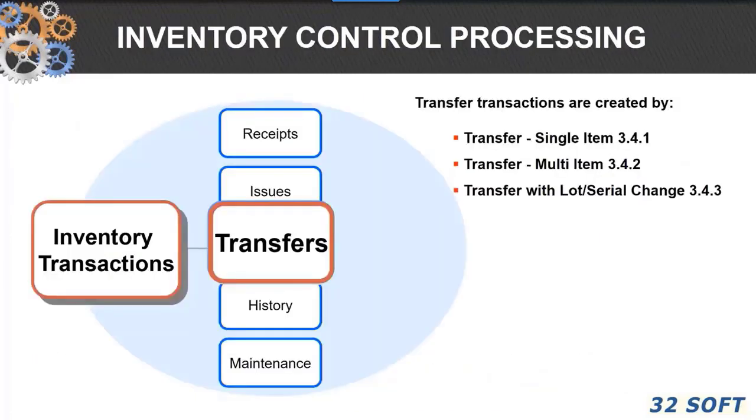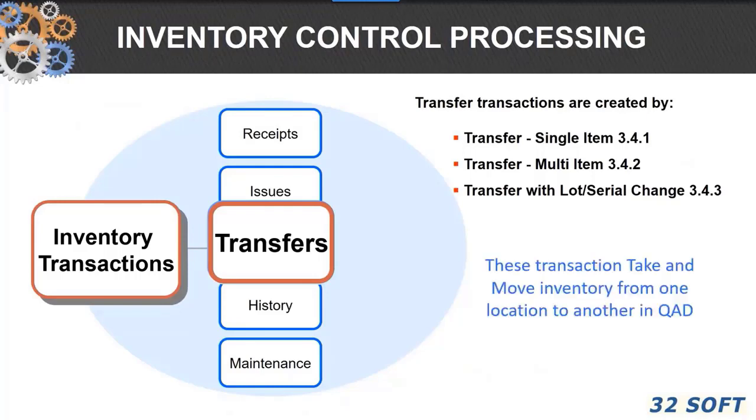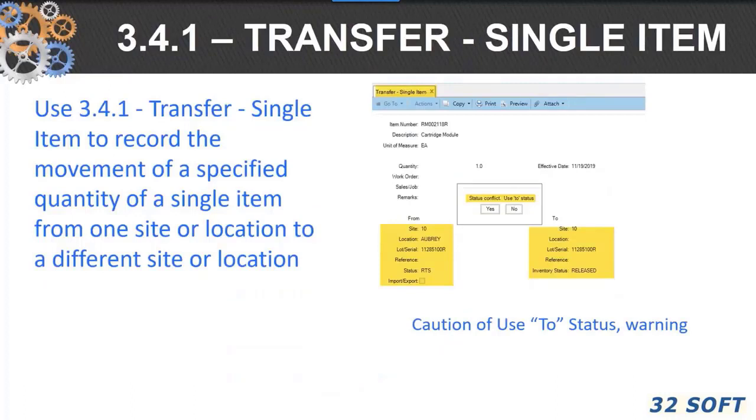There are transfers in inventory. Transfers take material from an inventory location and move it to another inventory location in QAD. There's the 3.4.1, which takes it from one location to a specific location or a different site or location even.